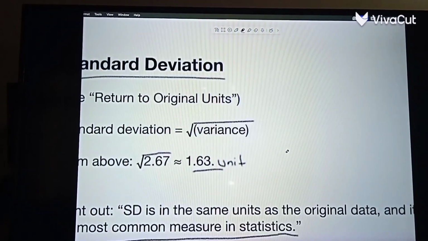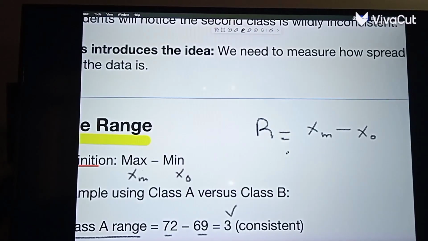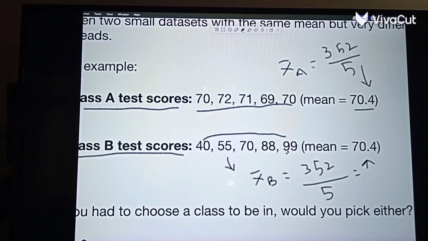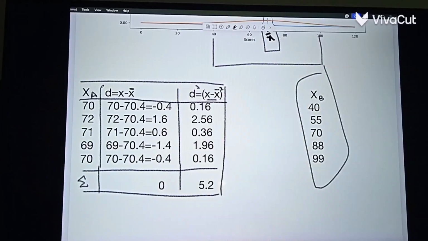Let's calculate the deviation for these two data sets. I've used the test scores of class A and calculated the deviation. I denoted this with D, and D is equal to x minus x bar. So I have subtracted the mean from each and every value of the class A test scores.